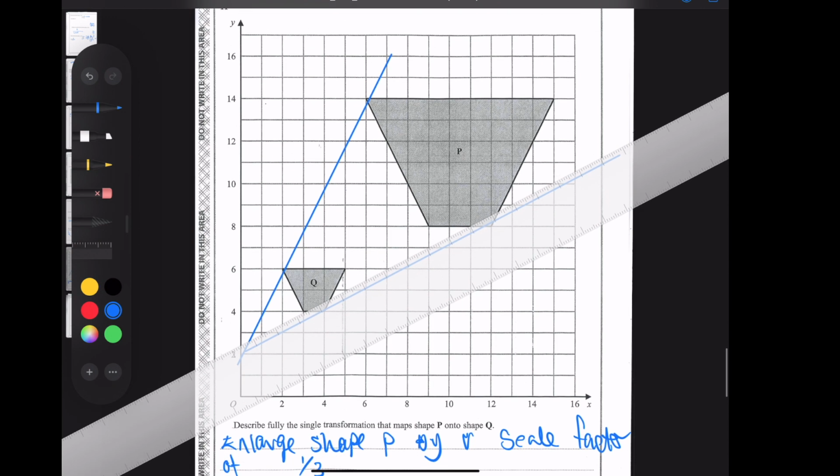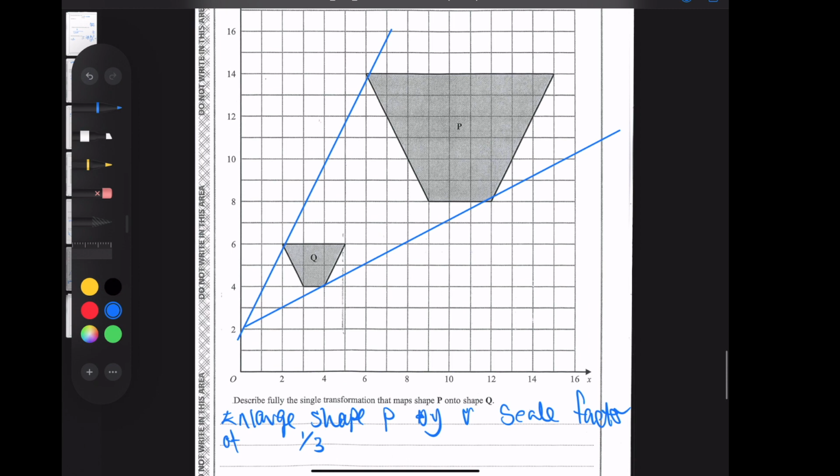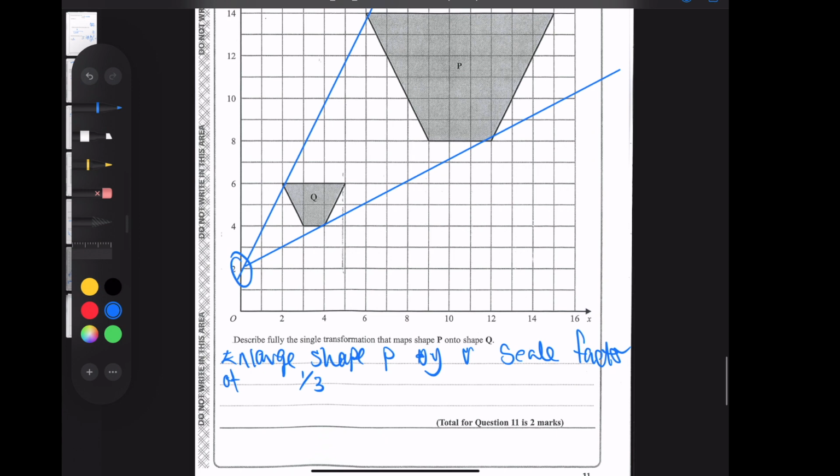They should go through 1 coordinate, and I think they've gone through this coordinate here. So it's going to be 0, 2, and that's what we call the center of enlargement. Enlarge shape by the scale factor of a third at the center, and it's 0, 2.